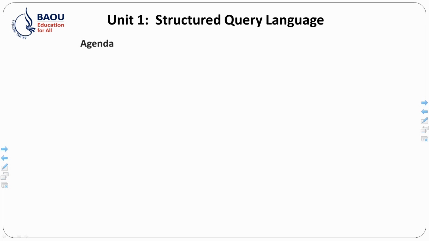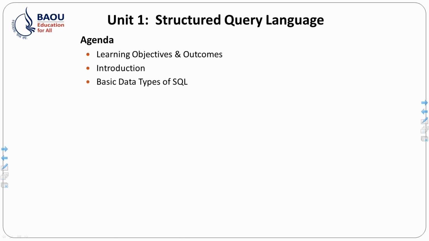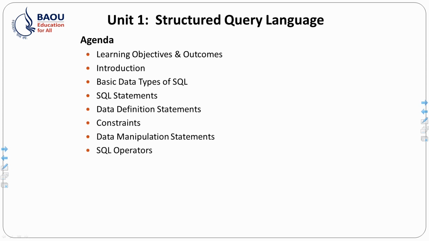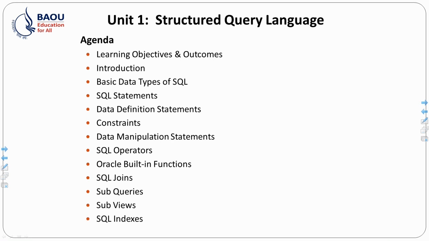First of all, we see the agenda of Unit 1: the learning objectives and outcomes, introduction, basic data types of SQL, SQL statements like DDL, DML, DCL, TCL, etc. The data definition statements, like table structure related commands, for example, create table, alter, drop, rename, etc. The constraints like primary key, foreign key, check constraint, null and not null constraint.